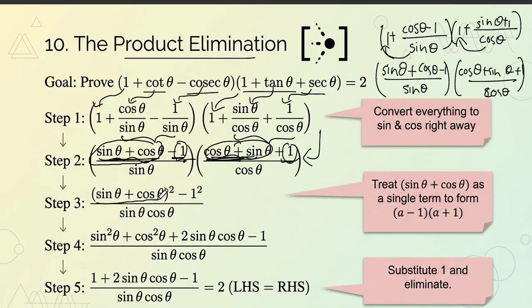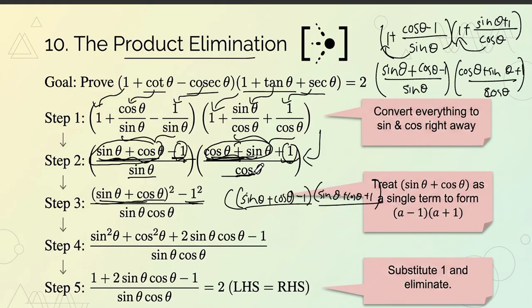So a is sin theta plus cos theta, the whole square, minus b square. Here we have applied it like this: sin theta plus cos theta, that is a, minus 1 into sin theta plus cos theta plus 1. Okay, so a minus b into a plus b is nothing but a square minus b square.